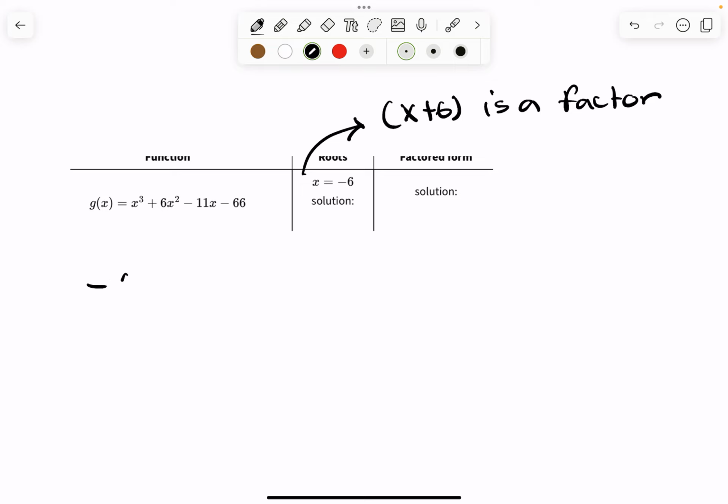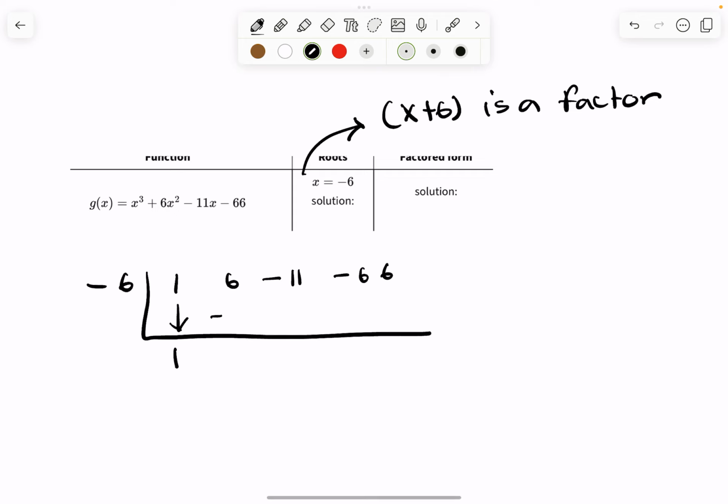I'm still going to use synthetic division. Drop the 1. 1 times negative 6, negative 6. Add 6 and negative 6, 0. 0 times negative 6, 0. Negative 11 plus 0, negative 11. Negative 6 times negative 11, 66.